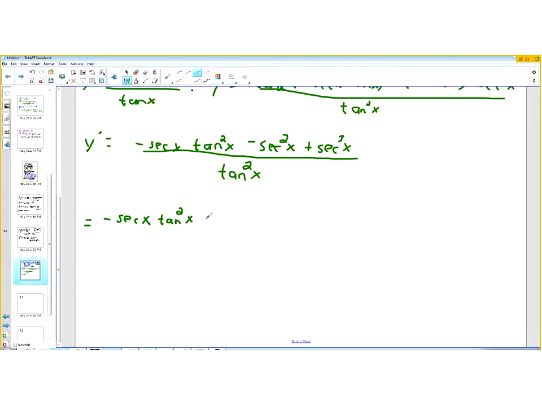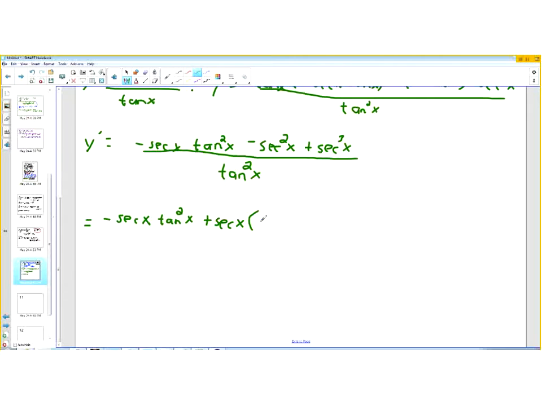We'll factor out a secant x from the last two terms in the numerator. So we'll have secant x times a negative, let's see here. I'm tempted to think that that's as far as we can go with this, assuming I did it correctly.